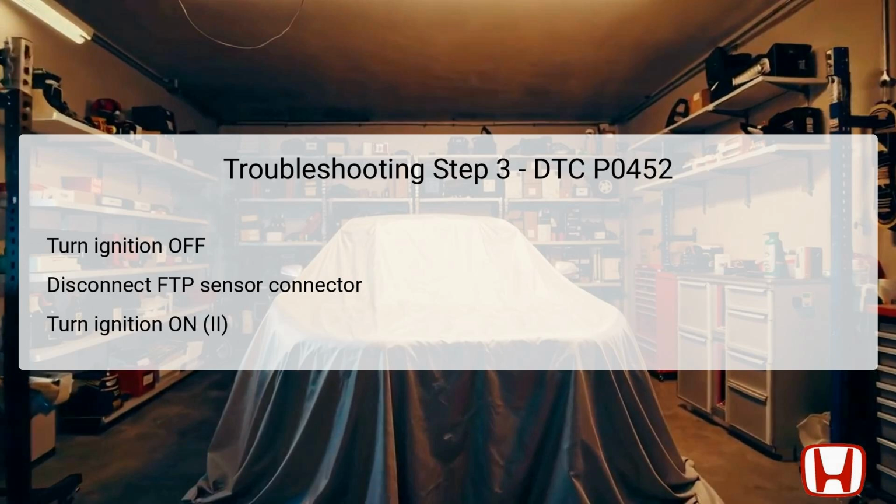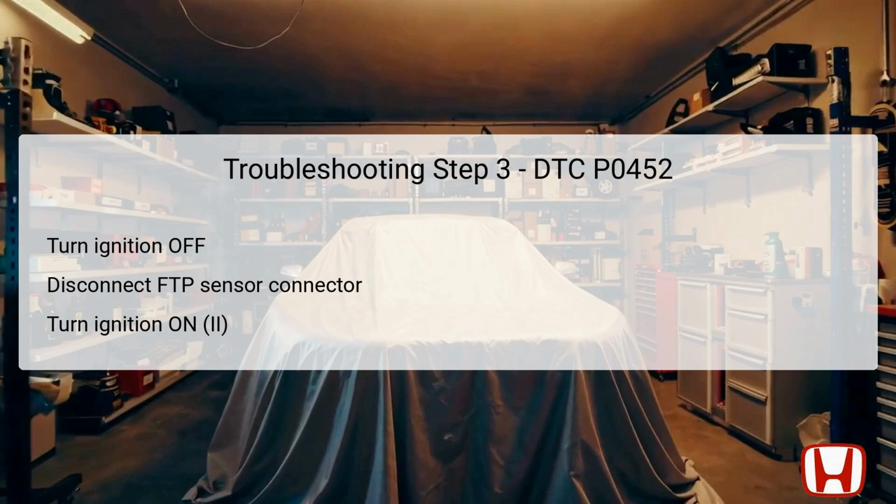For the third troubleshooting step, turn the ignition switch back to the off position. Subsequently, disconnect the FTP sensor 3P connector carefully to isolate it from the circuit and prevent false readings. Then, turn the ignition back on, ensuring the vehicle's electronic systems are active once more.